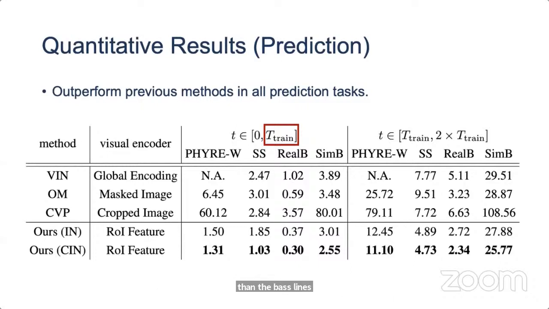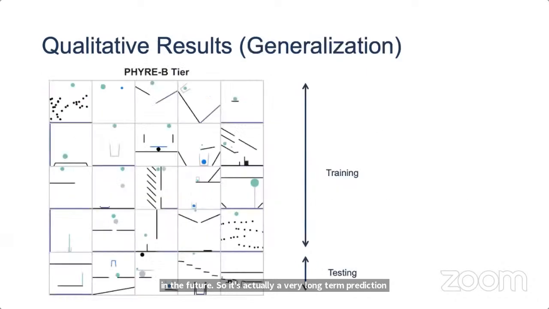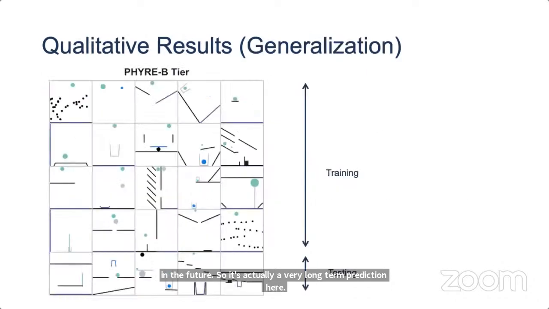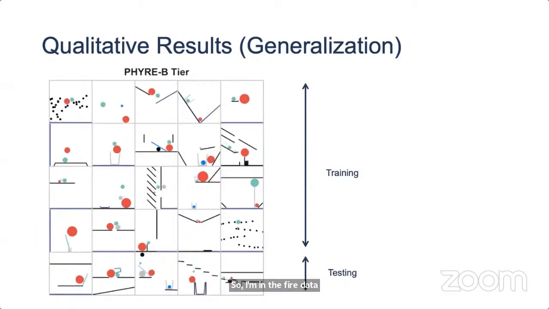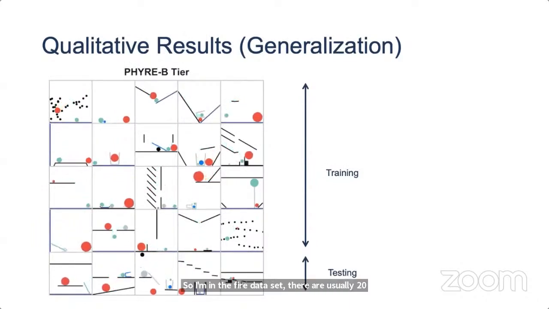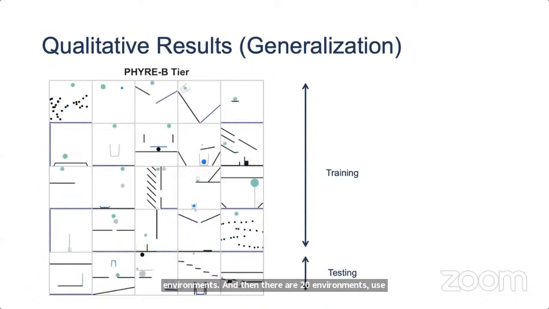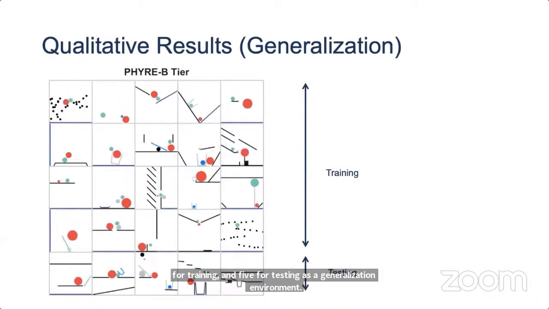We usually perform predictions for 40 or 60 time steps in the future, so it is actually very long-term prediction. In the FIRE dataset, there are 25 environments, with 20 used for training and 5 for testing as generalization environments.